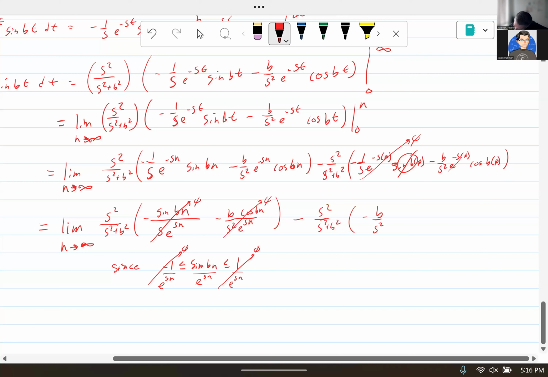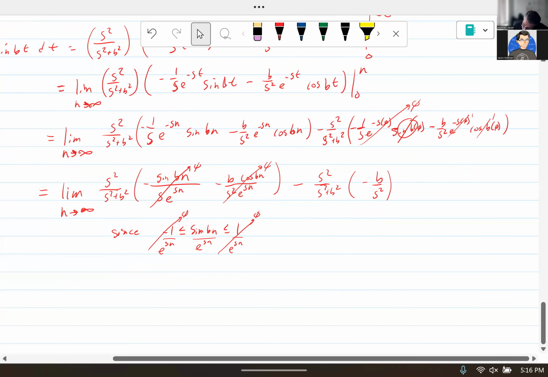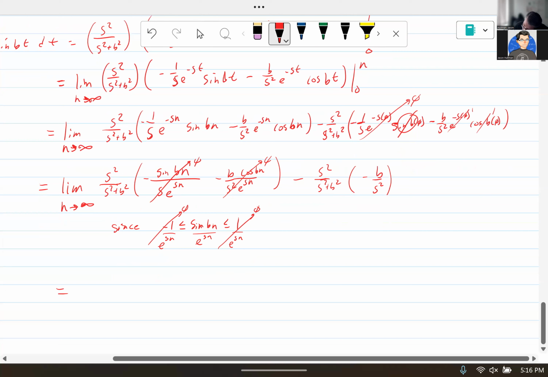So this is 1, and this is 1. So 1 times that is just that. And so everything in the first term goes away, and the s squareds are going to cancel here, and I'll just be left with b over s squared plus b squared.